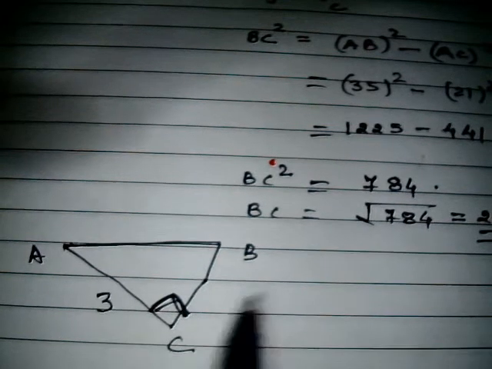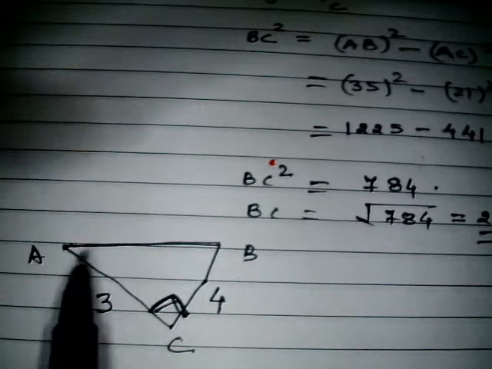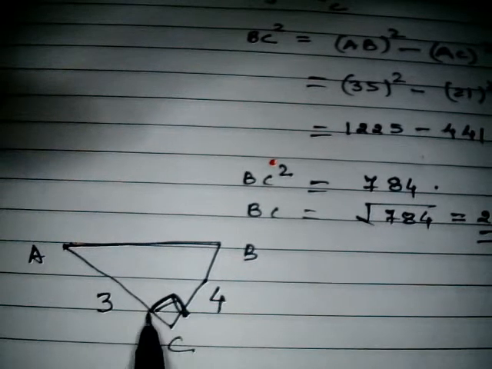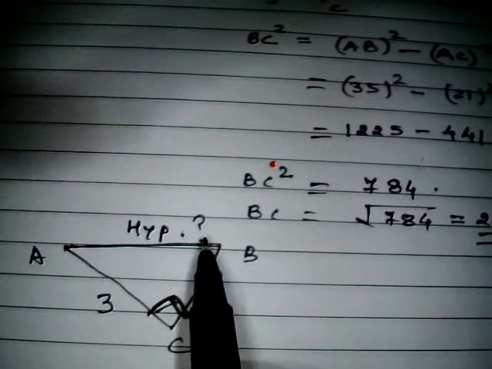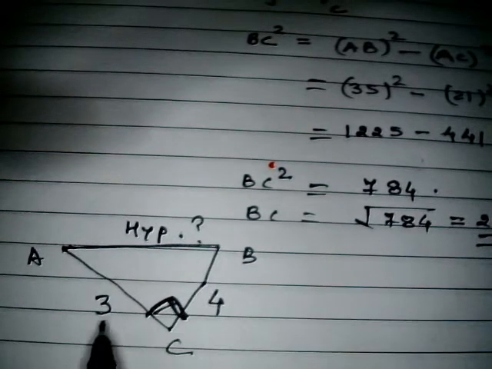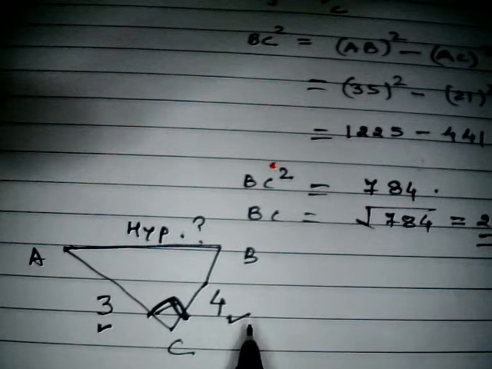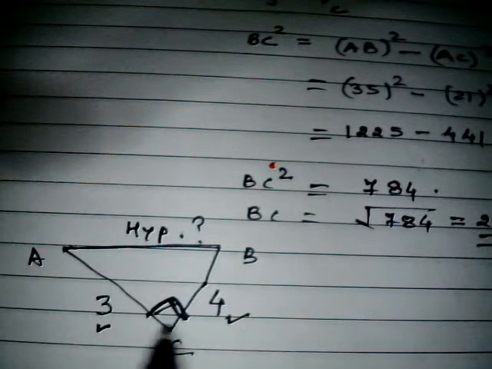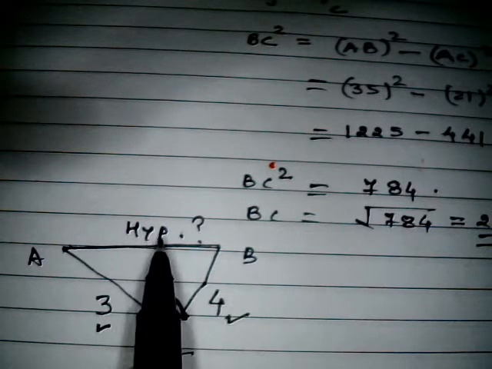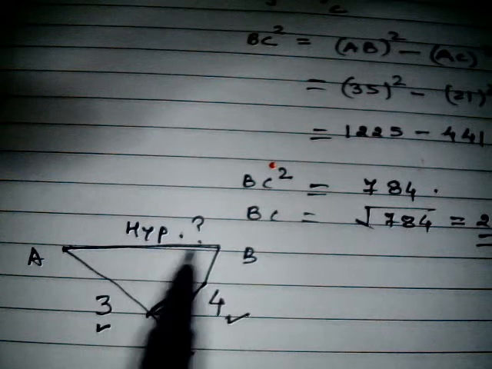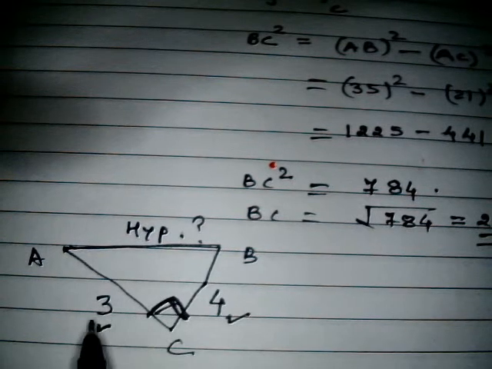So the 90 degree opposite side is the hypotenuse, which is not given. If you need to calculate the hypotenuse, you need to do the square of this and this, add, and find the square root of that, which will give you the hypotenuse.